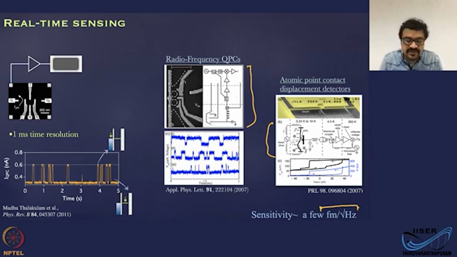Okay, so these are two examples from many where these point contacts are used for ultrafast and ultrasensitive metrology or detection applications of charge or any other parameter which is associated with the charge.